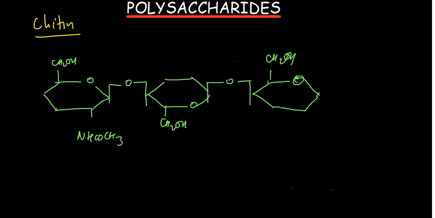This is a group that replaces the OH at carbon number 2. Even at this point, the same group. So this is the only difference between chitin and cellulose. Just carbon number 2: instead of having OH, you have got an acetamide functional group.